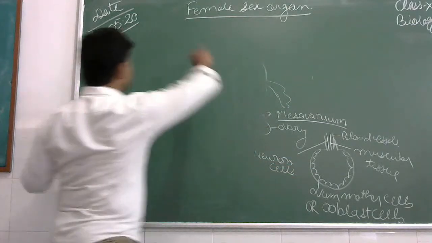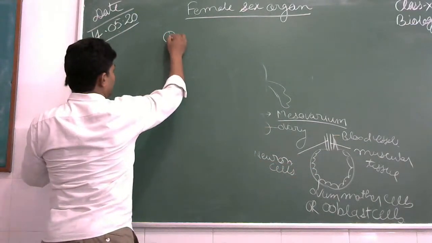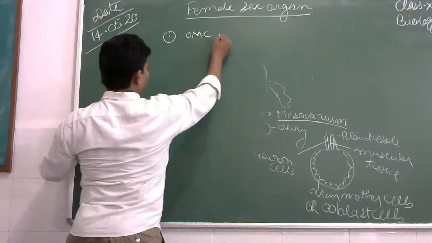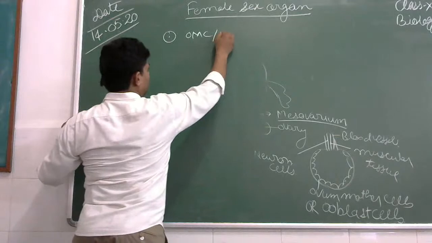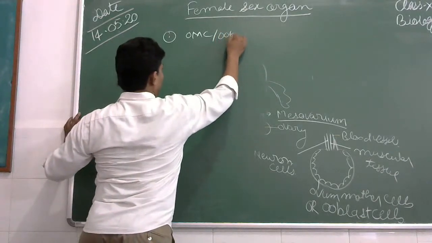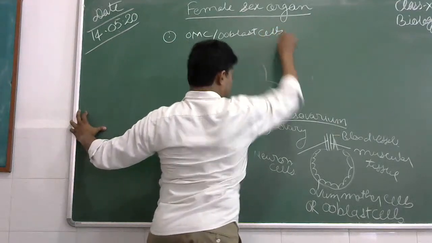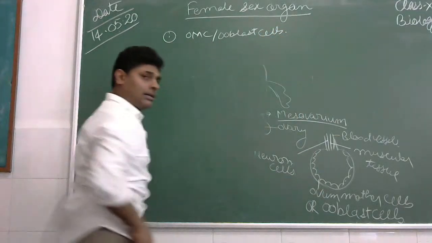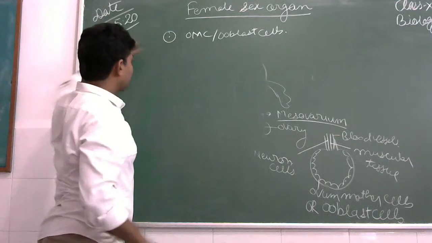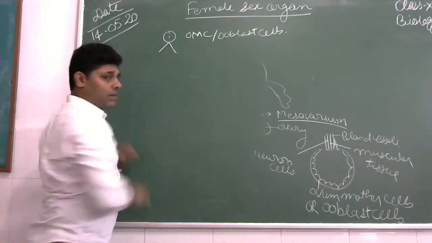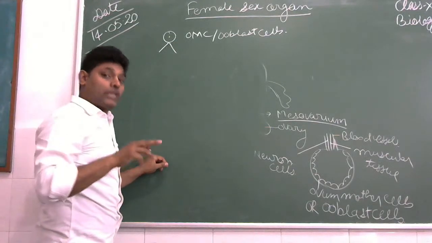So how does oogenesis occur? This is the ovum mother cell, or oogonial cell, what we have seen here. First of all, this ovum mother cell divides mitotically.